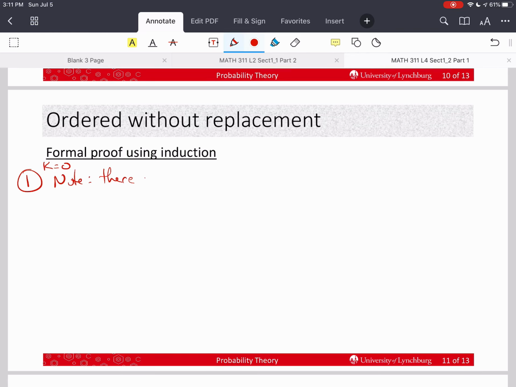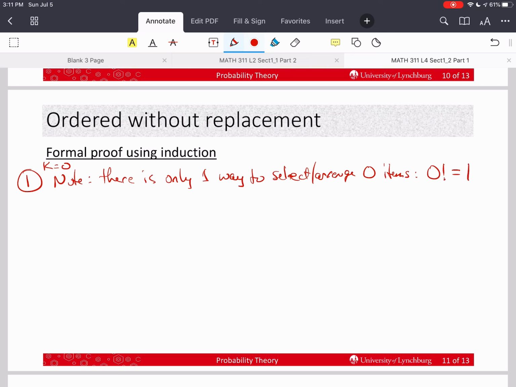There is only one way to arrange or select 0 items. 0 factorial is equal to 1.